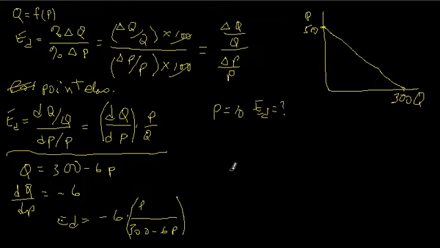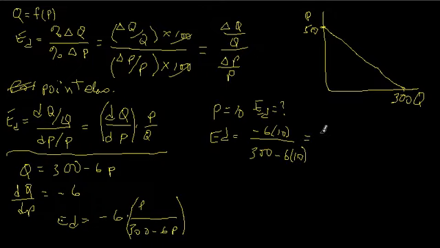So what we can do is use our formula for elasticity here, just substituting in 10 for price, so that the elasticity of demand is equal to minus 6 times 10 divided by 300 minus 6 times 10.